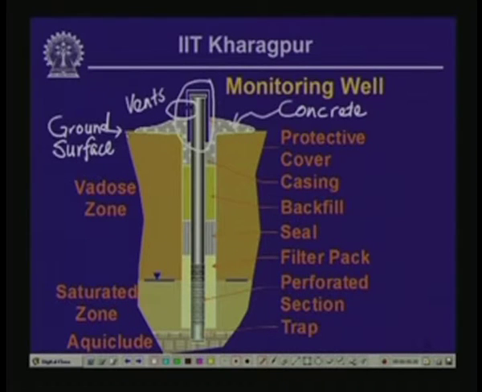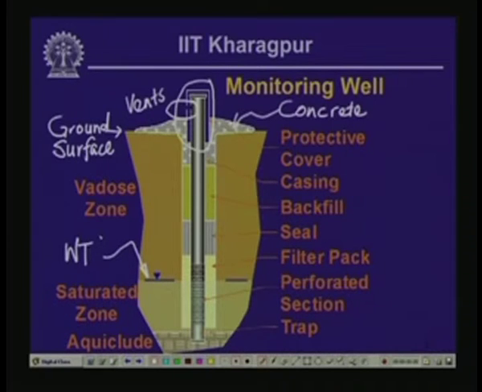Underneath the vadose zone is a saturated zone, and the interface between the saturated and unsaturated zone, as we know from previous lesson, is the entity called the water table.